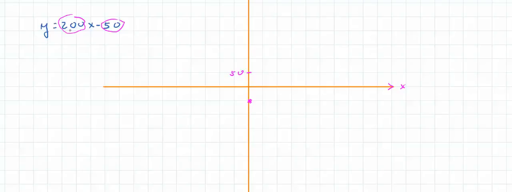Well, there's no number in the denominator, so clearly it's 1. So we're going to have to go by ones. You must put a 1 here. You know, even if you're not quote-unquote changing the scale, you need the 1 here. We go up by 200. Each square is 50. So we go up 50, 100, 150, 200, and we go over 1. All right? And then we can draw our line.